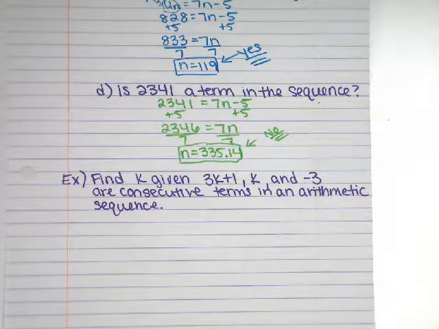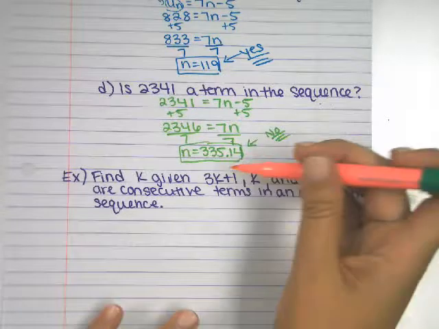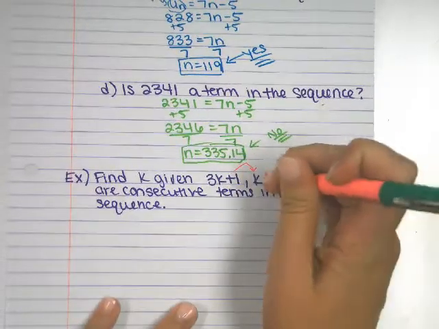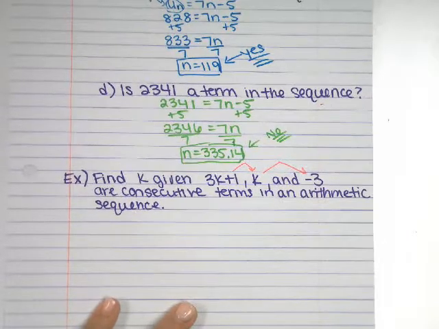So consecutive means that they're in a row, they're in a line. And we want to find what k would be in order to make this happen. So something we know about arithmetic sequences is to go from one to the next, you have to add or subtract a common number.